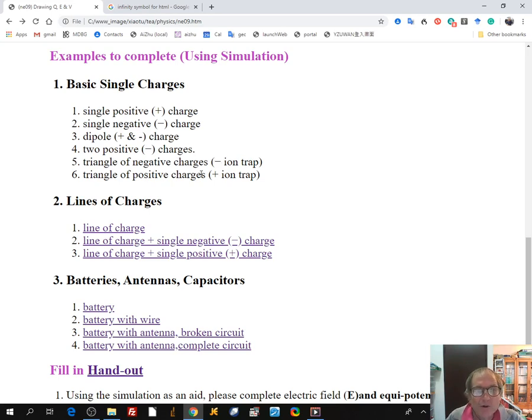Or a triangle of positive charges, that's a positive ion trap. We'll then look at lines of charge: a line of charge plus a single negative charge, and a line of charge plus a single positive charge. And then finally, we'll look at a battery with a wire, a battery with an antenna with a broken circuit, and a battery and antenna with a complete circuit. And if you want, you can also do a battery with an antenna with a capacitor, sorry.